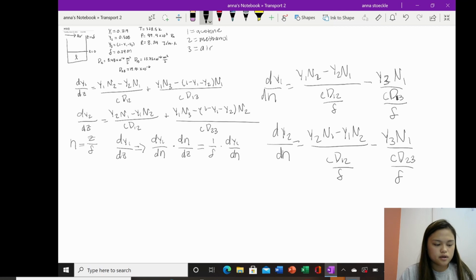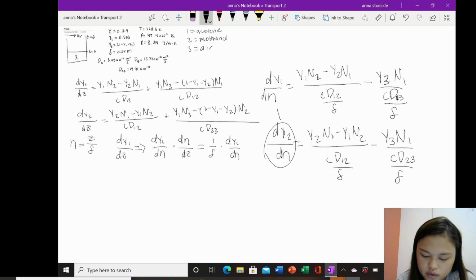Okay, so now I want to talk about the order of magnitude for these. At the top, we know the order of magnitude is going to be 1 for the mole fractions. And at the bottom, we just scaled that, so it's from 0 to 1. So that's 1. So as a whole, the order of magnitude of this side of the equation is going to be 1. That means that on this side, we need an order of magnitude of 1.